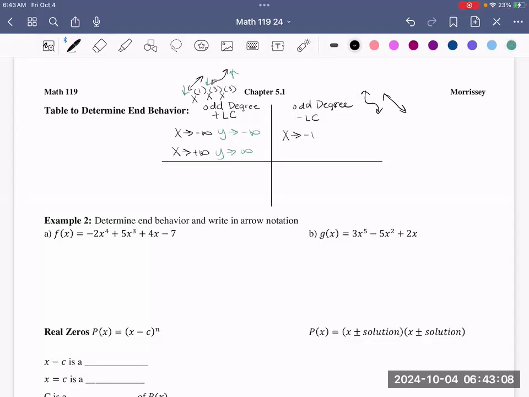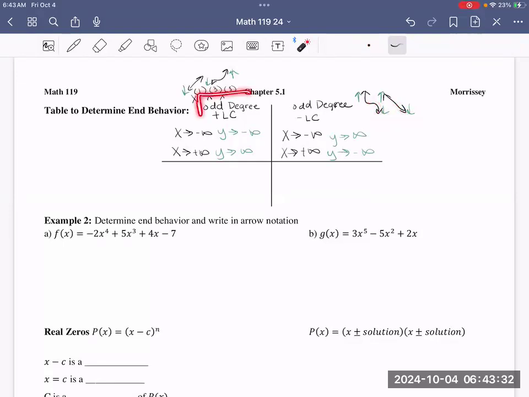As x goes to negative infinity, we go up on both of your graphs, so y goes up towards positive infinity. And the reverse, as x gets more and more positive, y gets more and more negative. We are going down on these graphs.